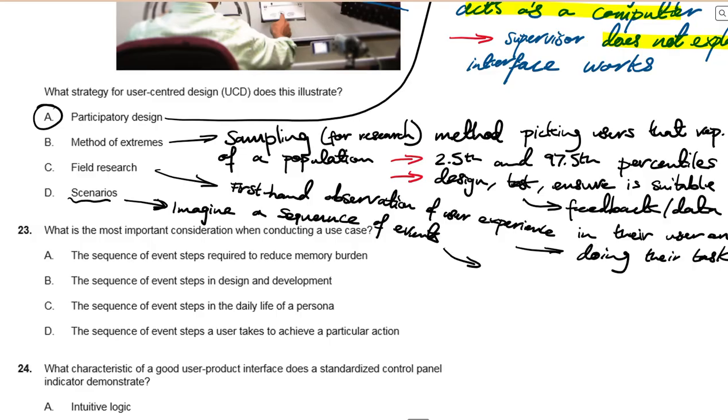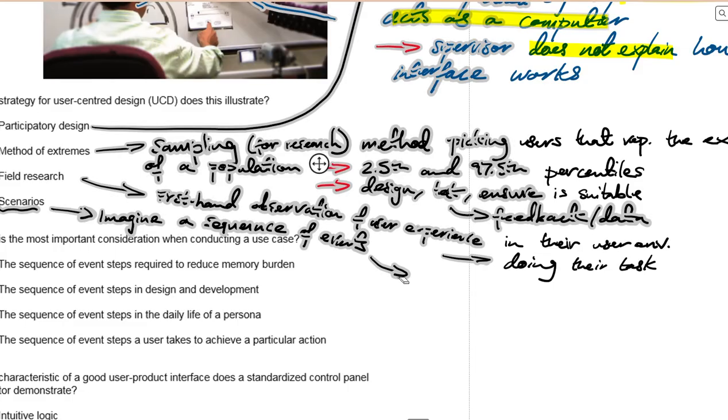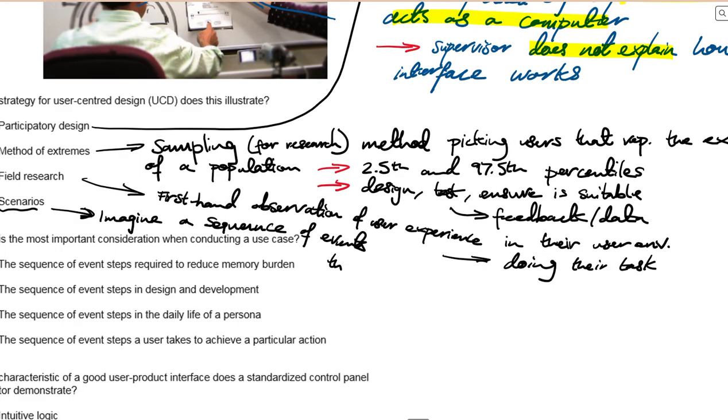It's a fictional character that you build of your user. So what we say here is imagine a sequence of events that a persona would experience in their daily life. So a sequence of events in the daily life of a persona, right?